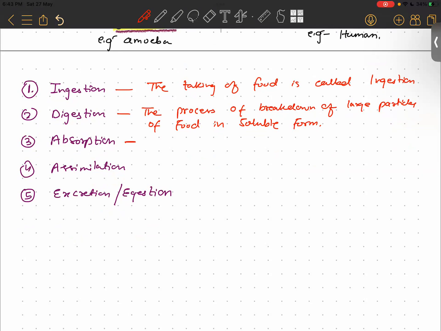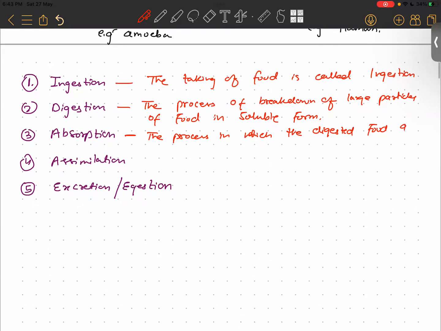So absorption is the process in which digested food goes through the walls of the intestines and then into the blood stream.